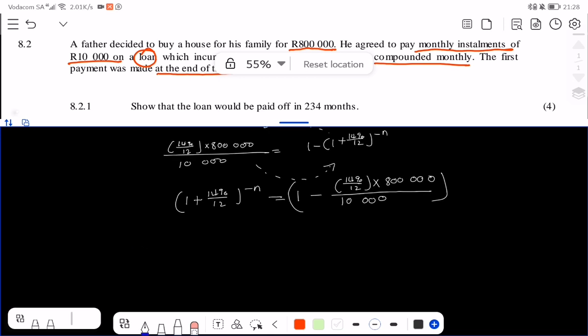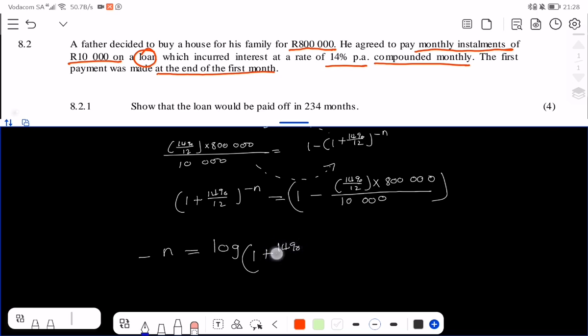Now I'm just going to use the log, right? So we'll take this negative n and apply the log. So it's going to be negative n equals log of the base, which is this 1 plus 14% divided by 12, to the power of 1 minus 14% divided by 12 times 800k divided by 10,000.